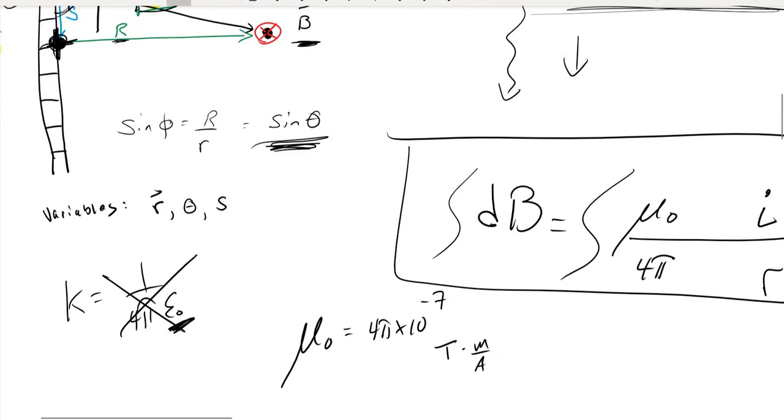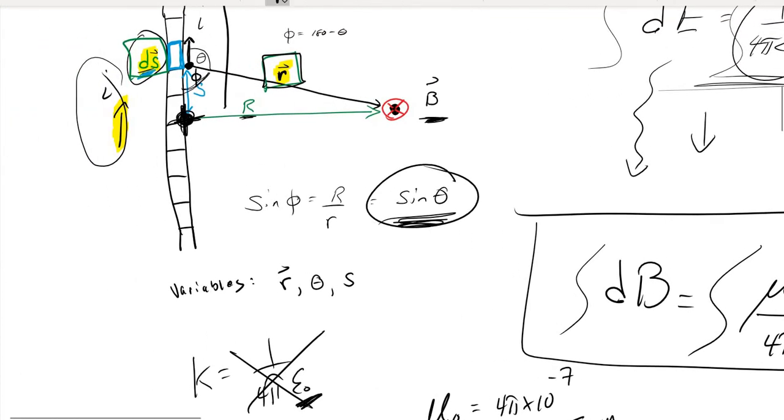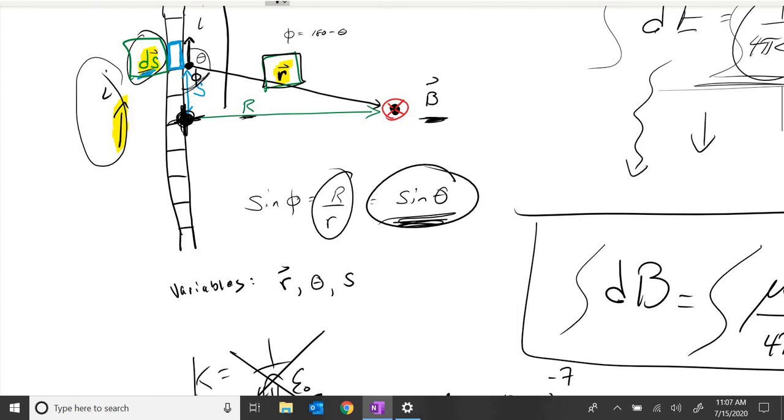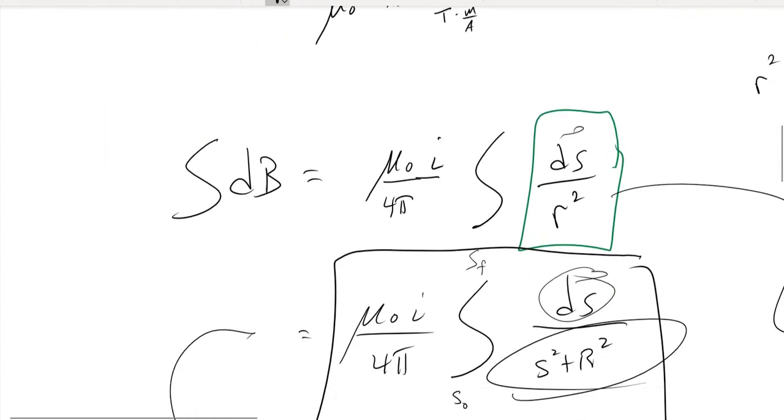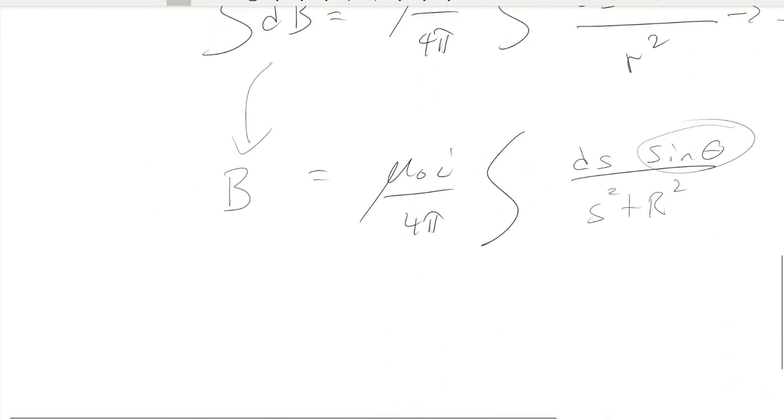Well, no problem, because we already said we know what sine theta has to equal in this system. It's big R divided by little r. And we can substitute that into our expression.